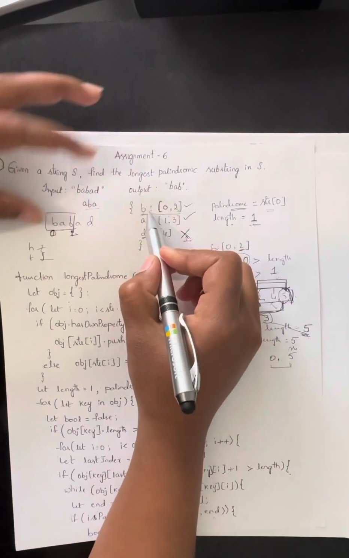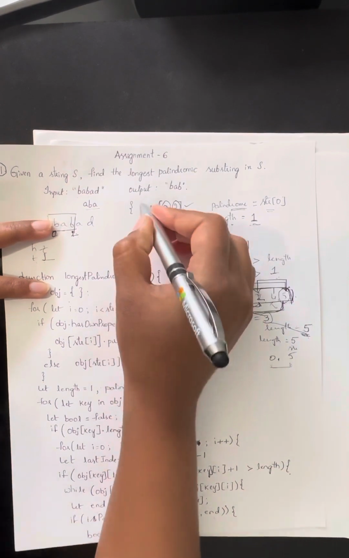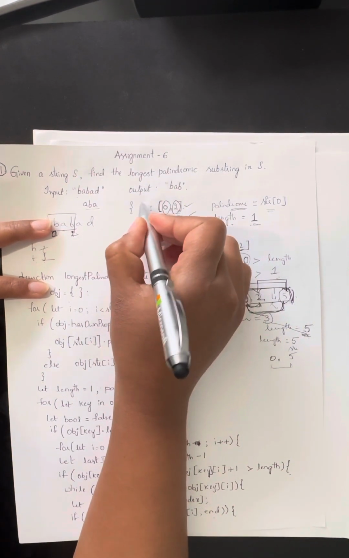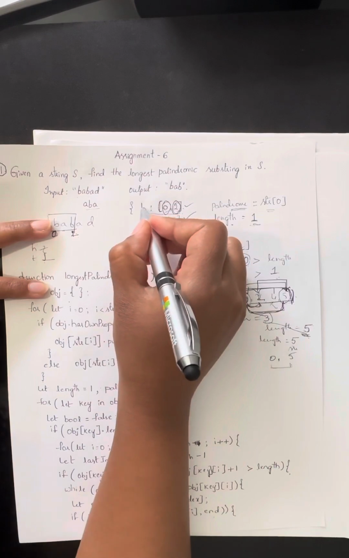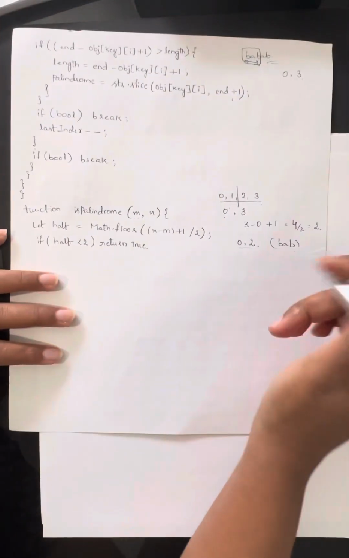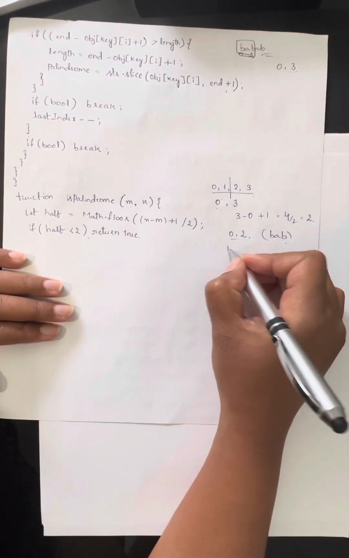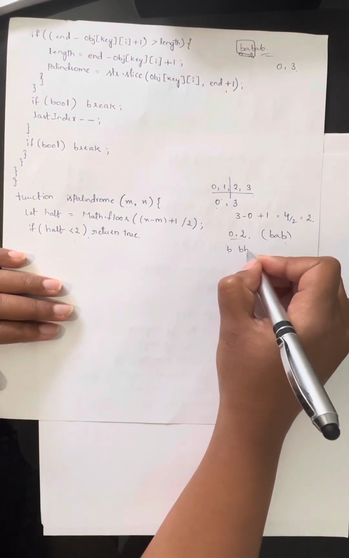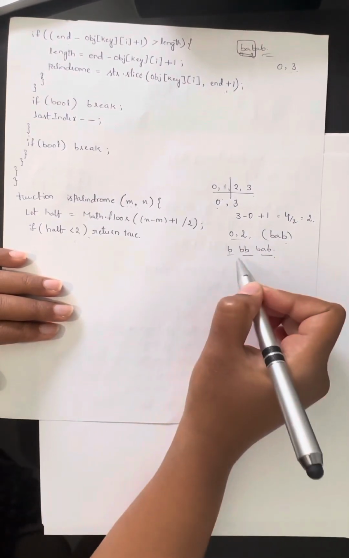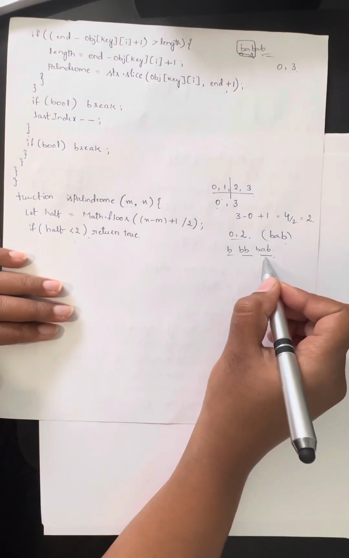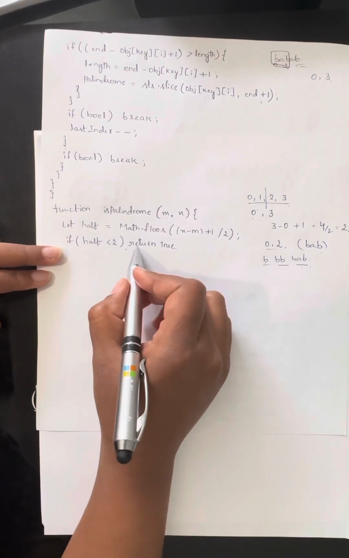Like here, these two indexes are the m and n for the palindrome, the indexes of this letter B, so at these two indexes we have the same letter. If the half is less than 2, it means it is just one letter, two letters or three letters, so any of these is a palindrome. That's why if half is less than 2, I'm just going to return true.